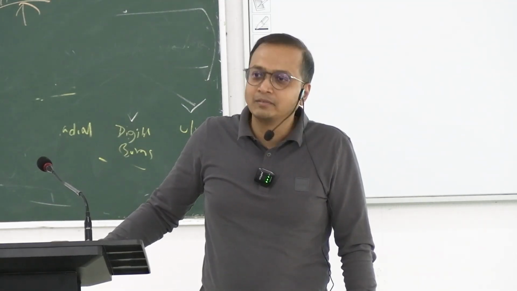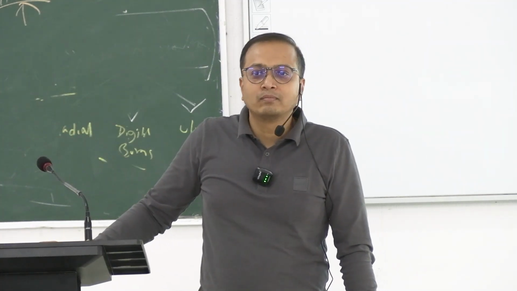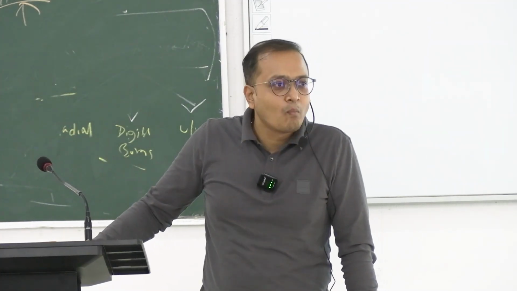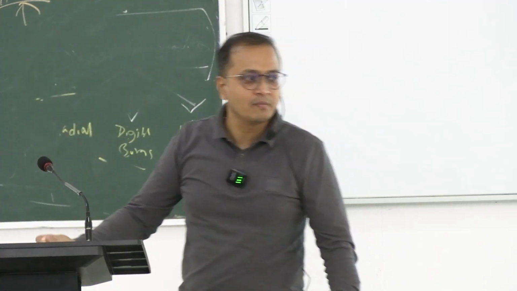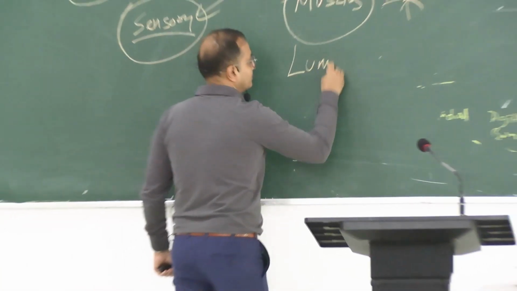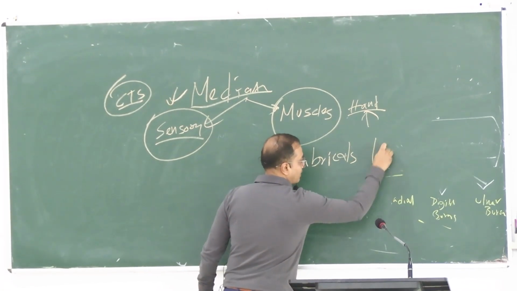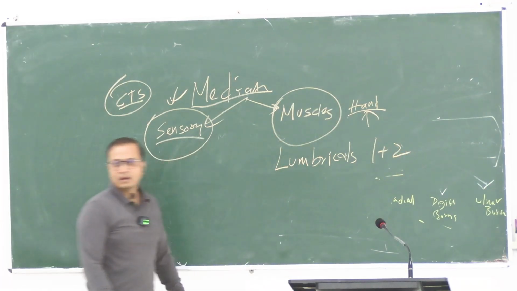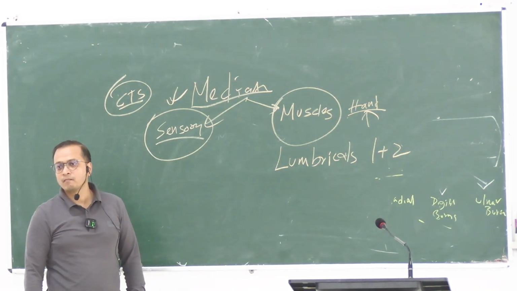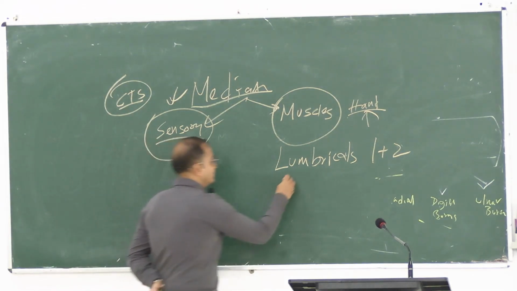Understand? All right. So what muscles are supplied by the median nerve in the hand? First and second? All right. Anything else? The thinner muscles.